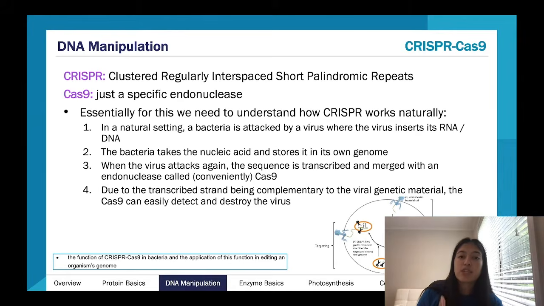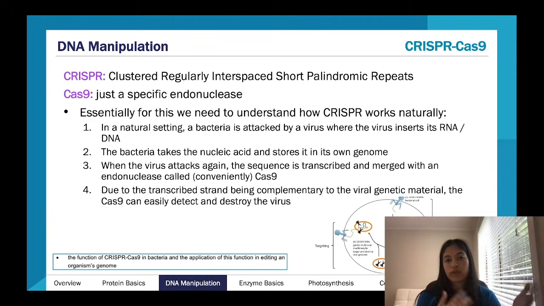So Cas9 is an endonuclease. Remember what we've just talked about, our scissors. Its job is simply to cut. We have our little genetic material. Can you kind of see where this is going? We've got our genetic material that matches the viruses, and we've got our Cas9, our little scissors. What this system does is it goes to this new virus that's inserting its DNA. Cas9, our endonuclease, recognizes it and cuts it.